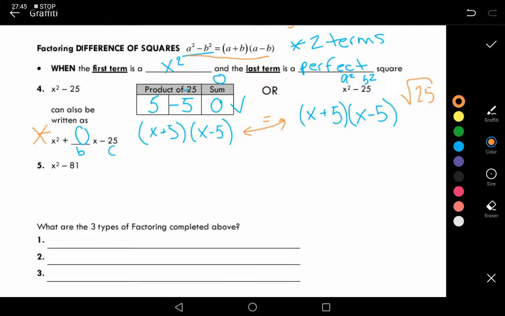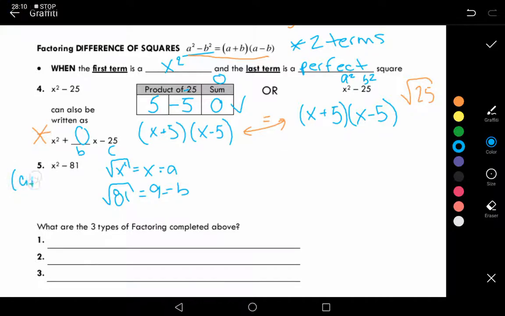If we use that special case for our last example here, x squared minus 81, that means I need to take the square root of x squared, which is x, so that's my a value, and the square root of 81, which is 9, and that's going to be my b value. Once I have my a and b, I just simply plug it into my formula.